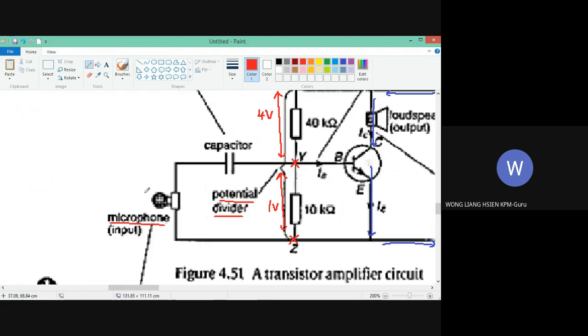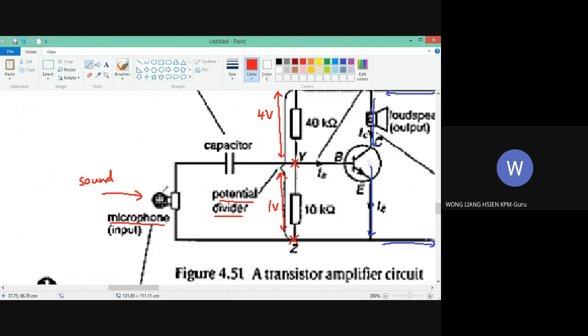So what happens is when you talk into the microphone and sound goes into the microphone, the microphone will be able to convert the sound wave, the vibration from the sound, into potential difference, into alternating current.